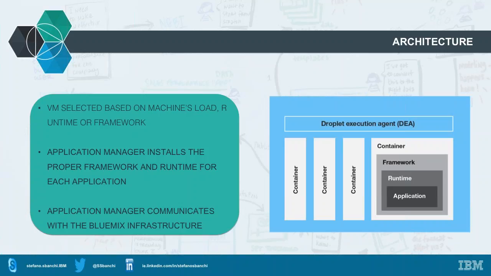Then let's focus quickly on Bluemix structure and architecture. The SoftLayer is based on virtualized hardware, or rather a virtual machine with a Docker container with inside a framework and the runtime, and then inside is installed your application.